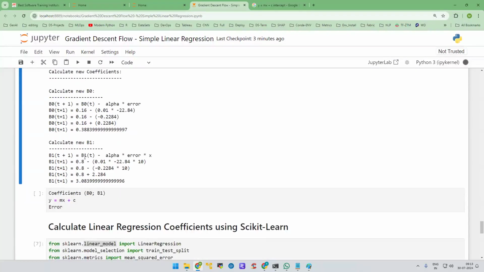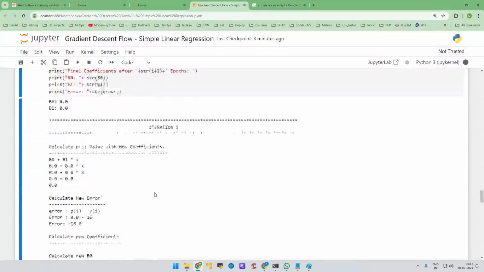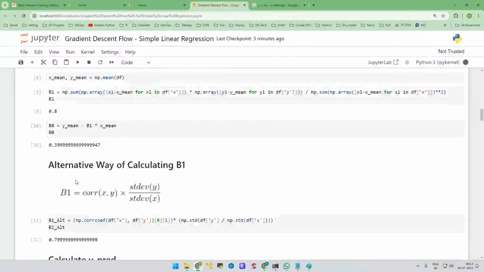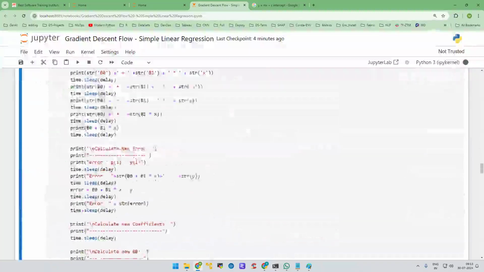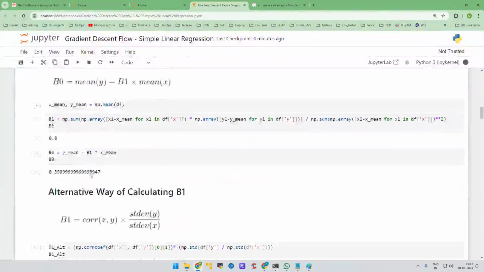Again, we got new B0 and B1. We need to insert them into y equal to mx plus c. What is the next row? 15 and 46. We better copy this so that we do not have to keep on scrolling up.